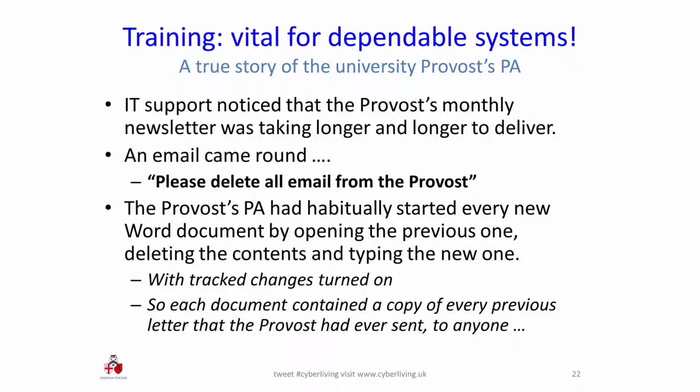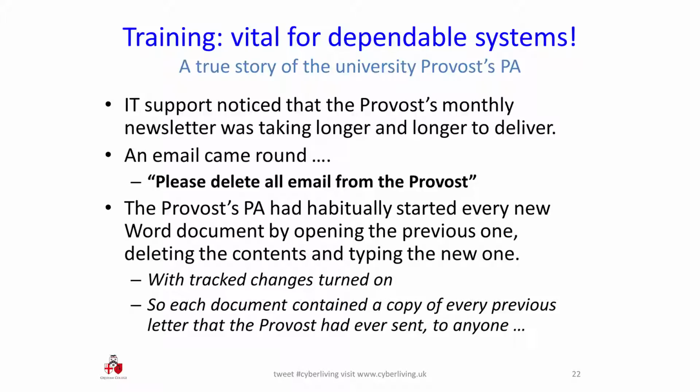This is, as I say, a trivial example, a true one, I'm told. A university provost's personal assistant. The IT support in the university noticed that the provost's monthly newsletter was taking longer and longer to deliver. And then an email was sent round to all staff saying, please delete all emails from the provost.